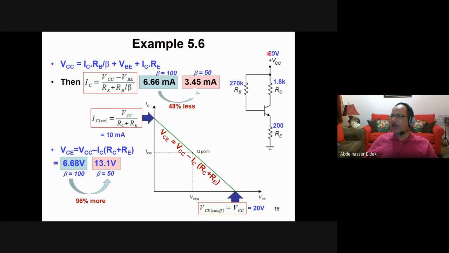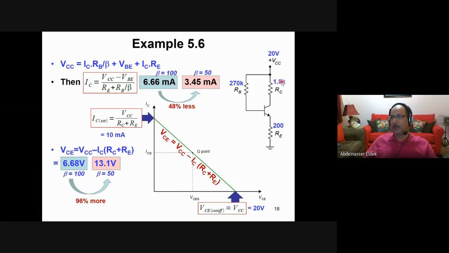So here, if we have these values, first we need to plot the load line. This point here is VCC, which is 20 volt, divided by RC plus RE. RC is 1.8K, RE is 200 ohm.